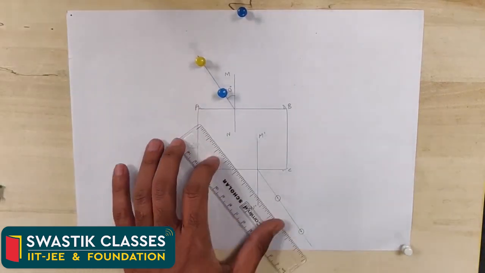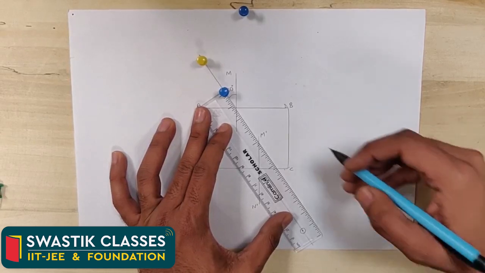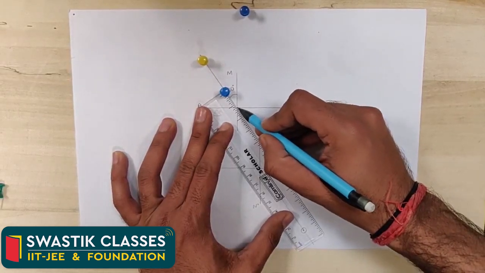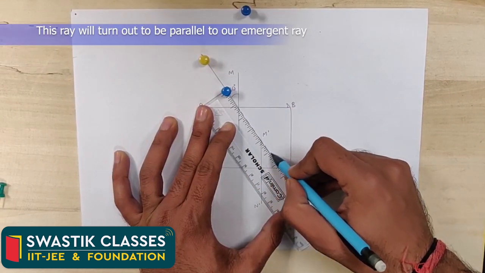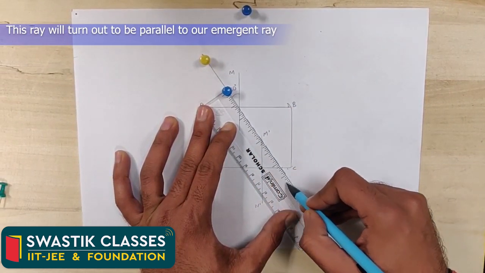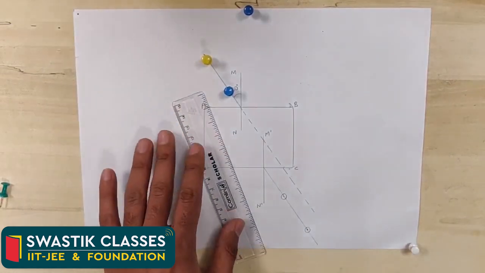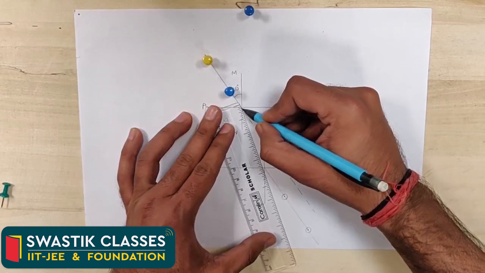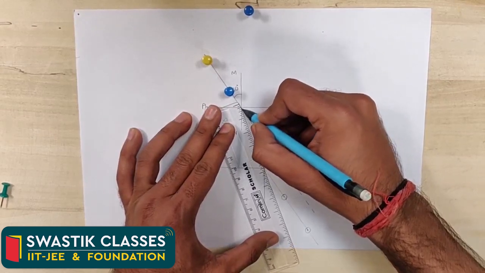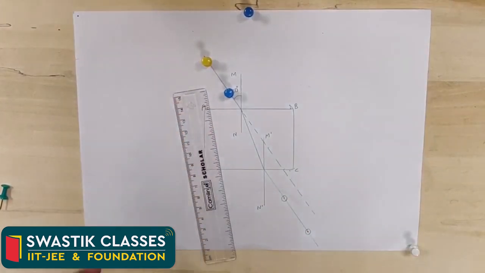Now we'll extend the incident ray. I'm making a dotted line so that we don't get confused. And also we'll make a refracted ray here. We'll just join the two normals, and this will be our refracted ray.